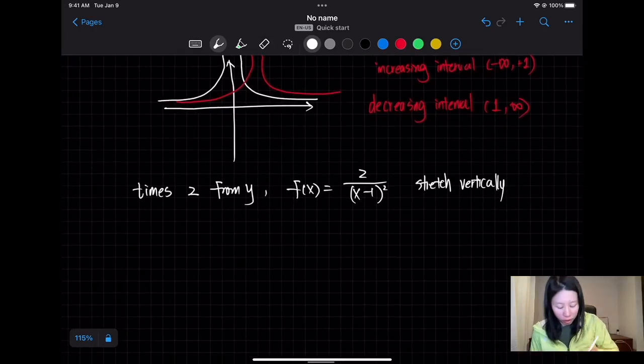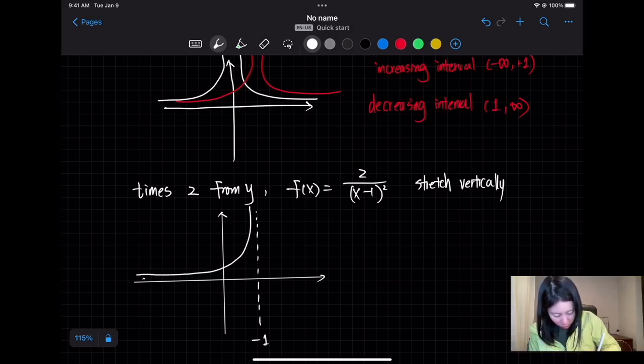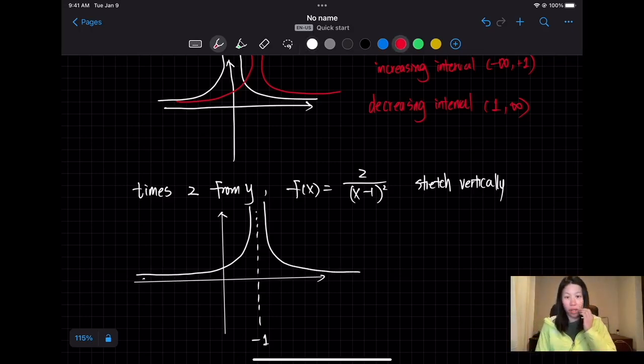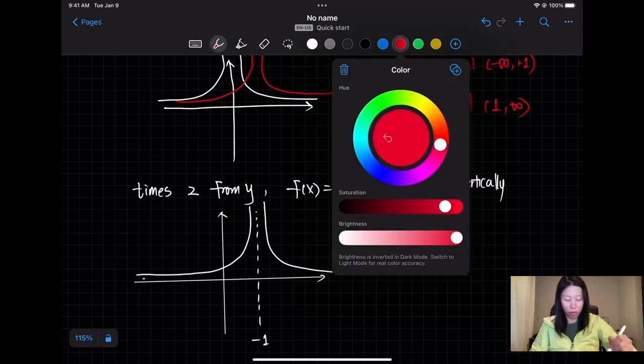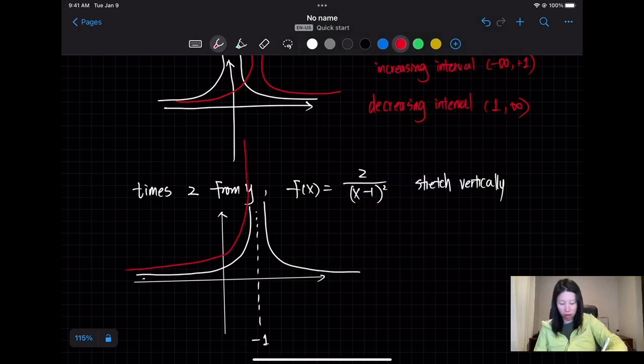Okay, so the function, I should show you the asymptote. So this is -1. The function looks like this. When you stretch them, it's going to look slimmer, but basically it should be the same, right? So think about when you stretch them, it should be more like outside a little bit.